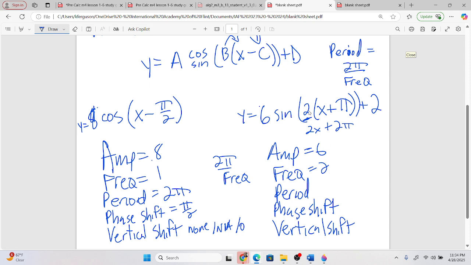So if it's pulled out, it's 2. And then my period is 2 pi over 2, so that's going to be pi. My phase shift is just pi. Well, it's minus pi because it's the opposite of what I see. The only reason it's like that is because this number has been pulled out of there. So that's negative pi, and then the vertical shift is 2.